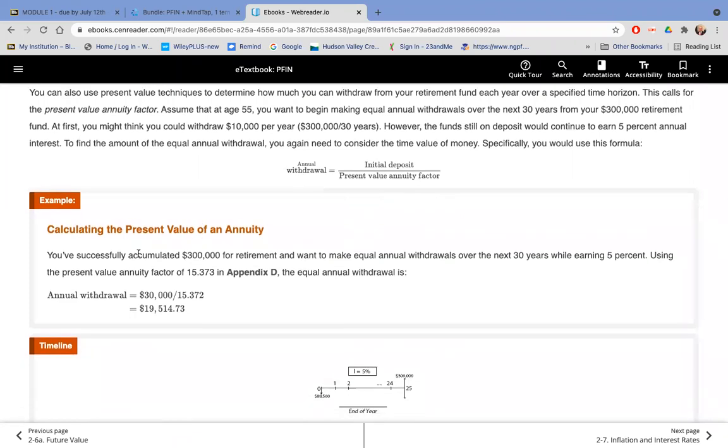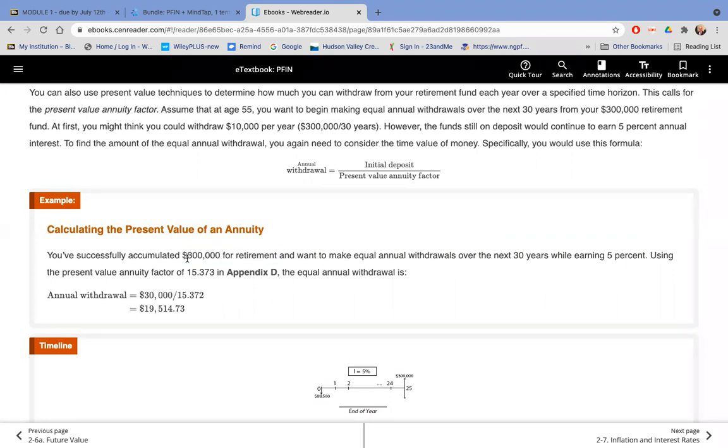So let's say you have accumulated $300,000 for retirement and you want to make equal withdrawals for the next 30 years, assuming you're going to be earning 5% a year. Okay. So Appendix D will show you the factor for 30 years at 5% being 15.373.